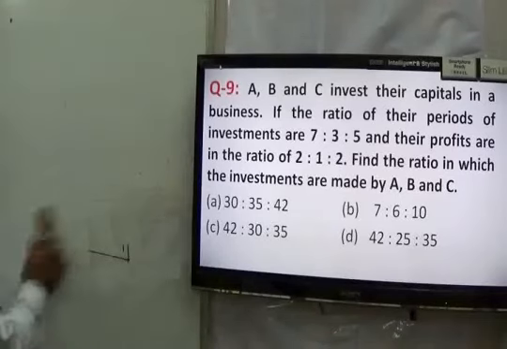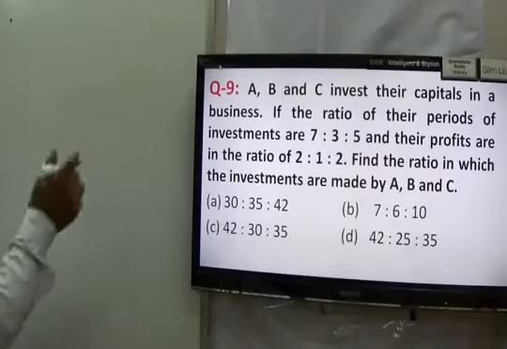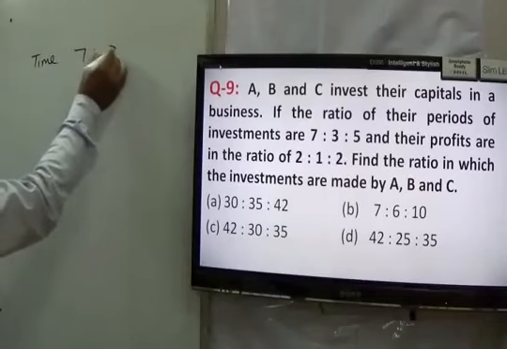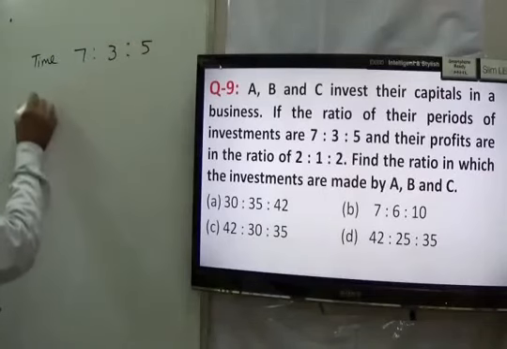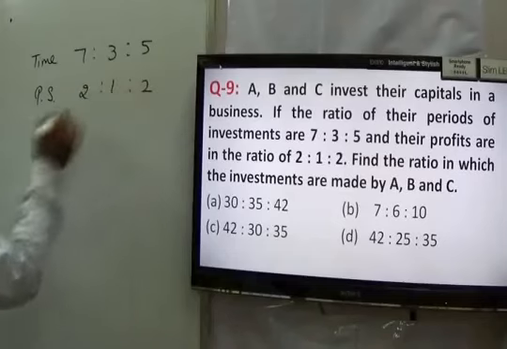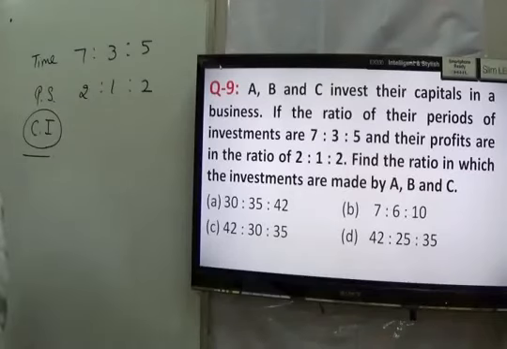Then you have question number 9. In this question we have to reverse. Why? The ratio of the time periods is given as 7:3:5, and the profit sharing ratio is given, that is 2:1:2. We have to find the capital investment ratio, right? Earlier I told you profit sharing is always equal to capital investment into time. If I have to find the ratio of the capital investment, it is profit sharing divided by time.